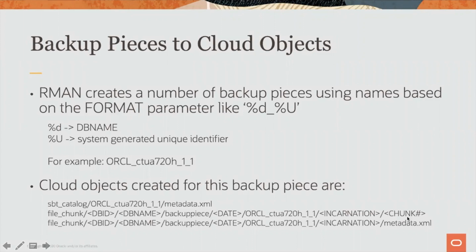And then you have another copy of the metadata in the same location, using the same name structure. This is how RMAN stores backups and backup pieces in the cloud through the libopc SBT library. So this is how backup piece handles translate to object names in cloud storage.